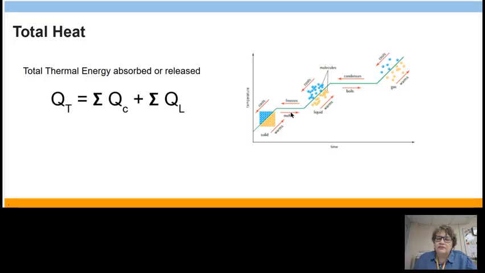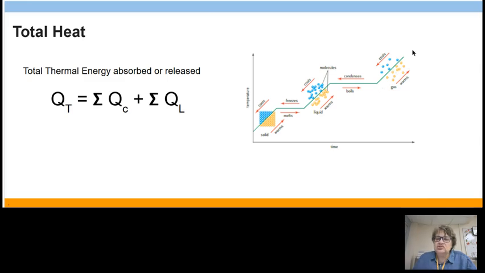So if we're going upward, that solid is then going to become liquid. Once it's all liquid, then you can warm it up all the way to its boiling point. When it boils, it stays the same temperature until all of it becomes a gas.